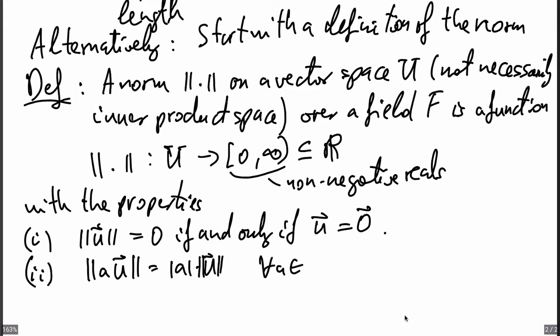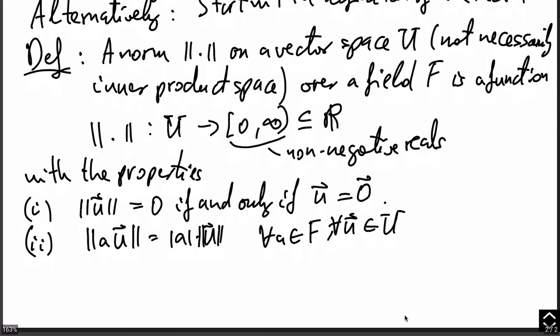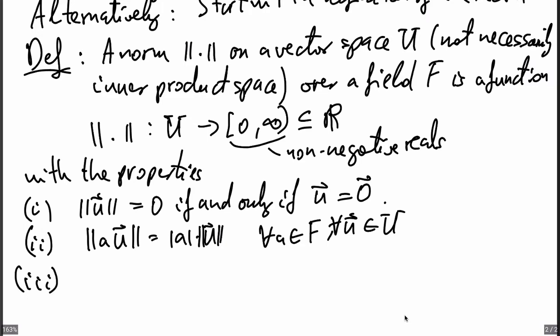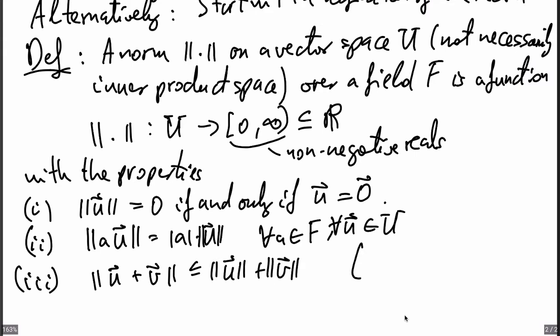That should be true for all scalars a and all vectors u from the vector space U. And then the third property, which interestingly we also need, is that the triangle inequality should hold. So the norm of u plus v should be less than or equal to the norm of u plus the norm of v. Again, this is the triangle inequality.